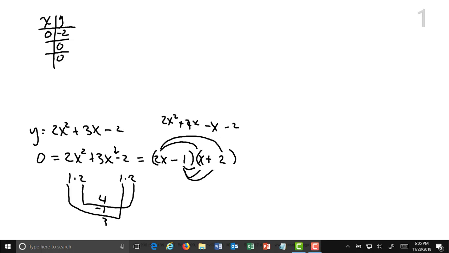So we found that one way of factoring this into 2 lines is calling this 0 equal to 2x minus 1, right? Times x plus 2, correct? So that means that either 0 is going to be equal to this factor, right? Why?